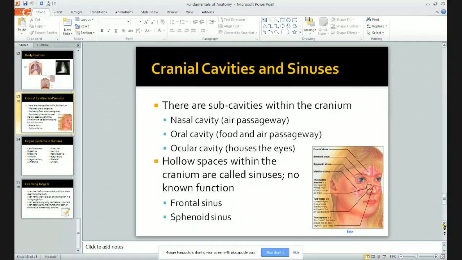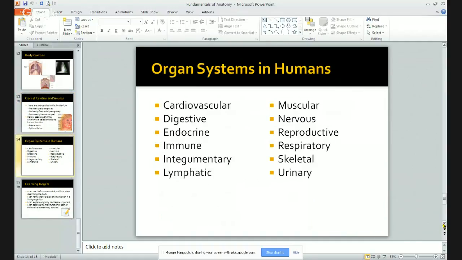The last slide that we're going to talk about are the different organ systems in humans. So we will not have time to go over all of these in depth by any means before the end of the semester, but we'll be able to hit a couple of them. So we'll just quickly go through what they are.